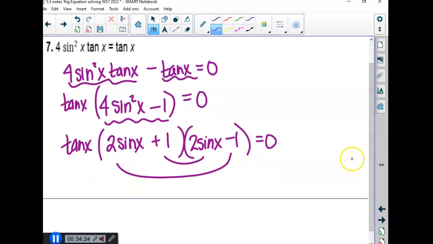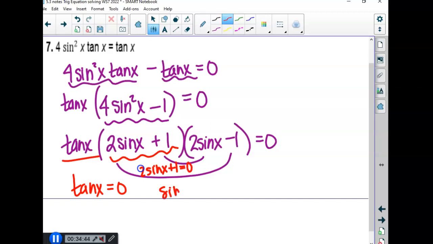Okay. So what values are we looking for? We're looking for where the tangent is 0. Do I need to show the steps here, or can you solve that for sine by yourself? 2 sine x plus 1 equals 0 would be the sine of x has to equal what, guys?